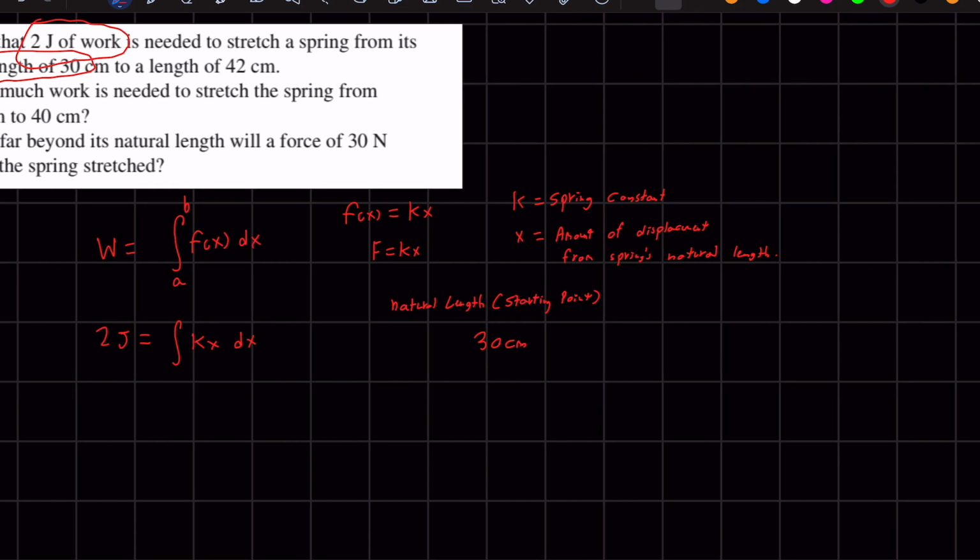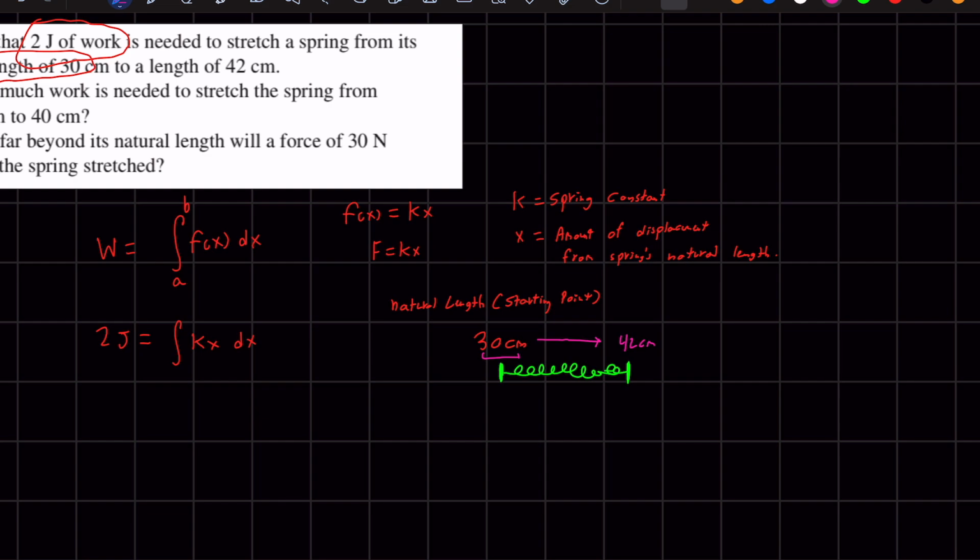And then the spring starts right here. Let me draw a different color. It starts right here, and it gets displaced to 42 centimeters. So it's getting displaced this amount, but this is its starting point right here.